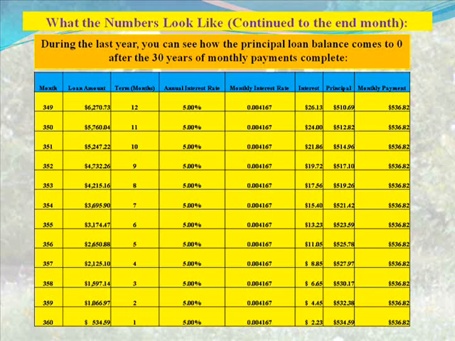So the interest portion is becoming quite small, where in month 360 at the bottom of this example, the loan amount remaining is $534.59. And you'll notice that the monthly payment is $536.82, so it's more than that loan amount left over.